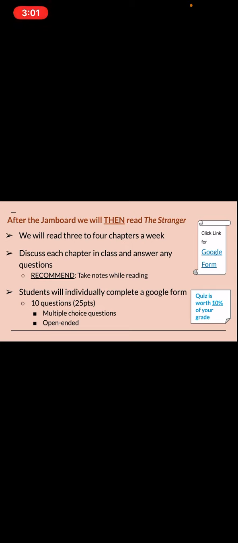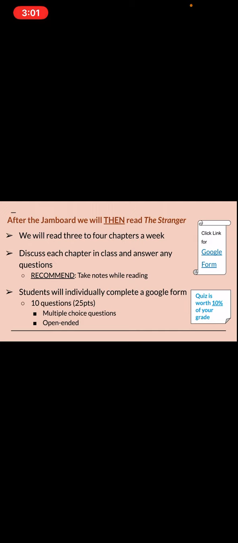After the Jamboard, we will then read The Stranger. We will read 3 to 4 chapters a week. However, there will be weeks that we only read 2, but this is my goal for us, to read 3 to 4 chapters a week. We will discuss each chapter in class, and I will answer any questions that you may have to the best of my ability, and hopefully you'll be able to better understand what a literary device is and be able to understand The Stranger, because it is a bit complex, like I said before.